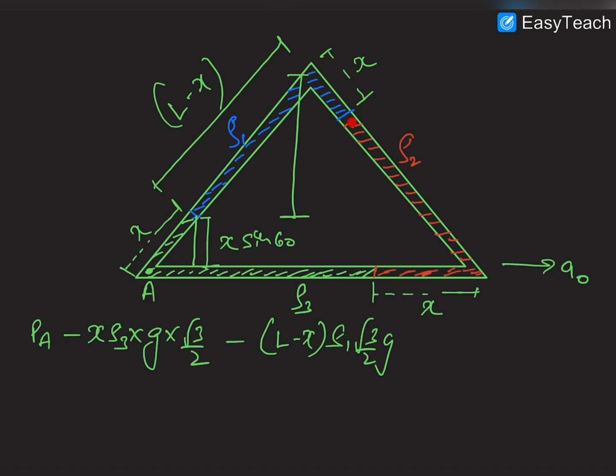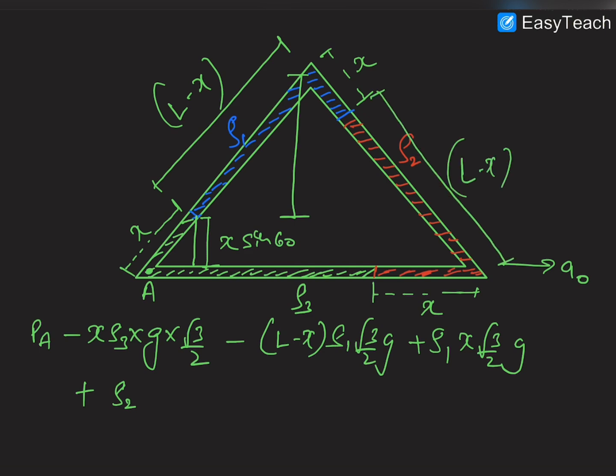Then we are moving in the downward direction, so it would be plus rho 1 into x into root 3 by 2 g, and then we are moving in this downward direction, so it would be plus rho 2 into (L minus x) into root 3 by 2 into g.